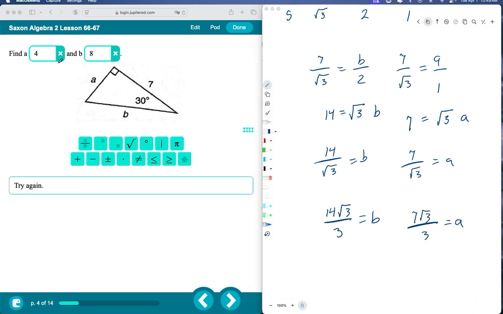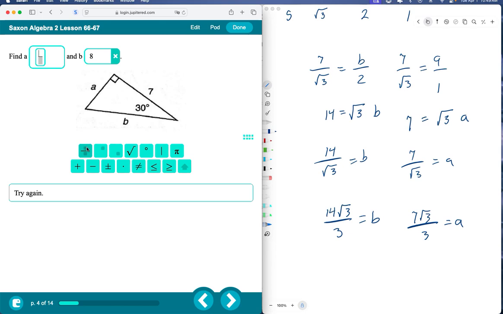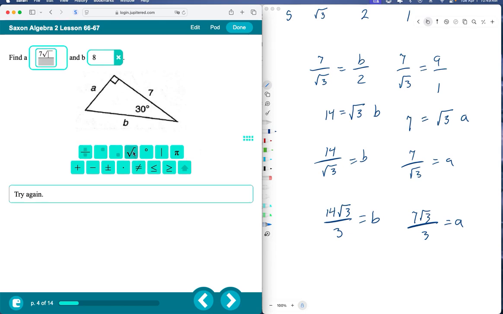All right, so let's try that for our solutions, see if that gives us the thing we're looking for here. So 7 times square root of 3 over 3. And then this one, 14 times square root of 3 over 3.